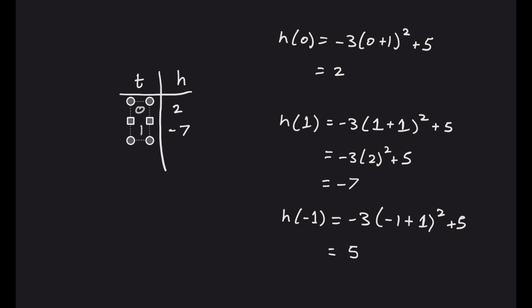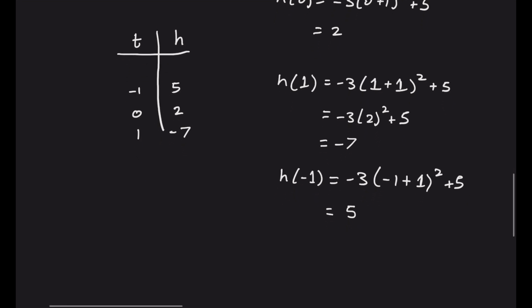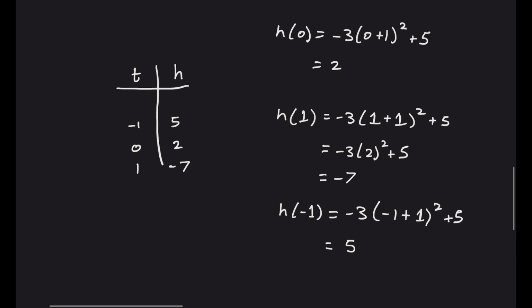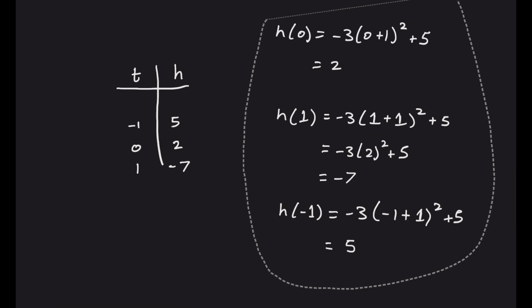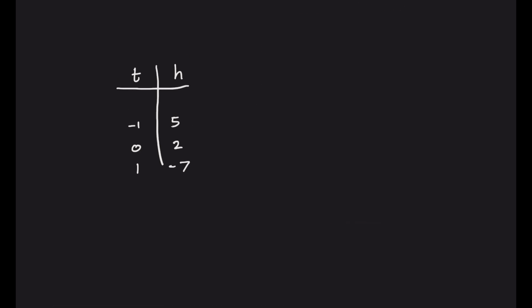Then here, I'll move this down. And negative 1 and 5. Okay, now I'm going to move this stuff out of the way. So let's graph it now that we have our points.